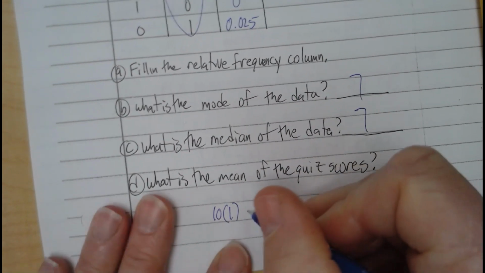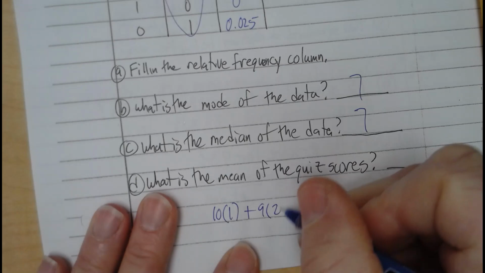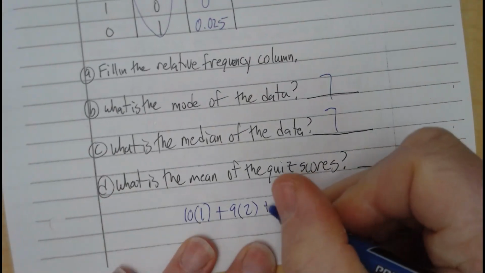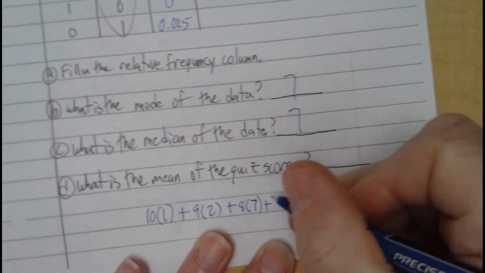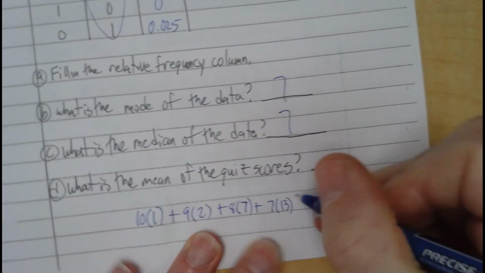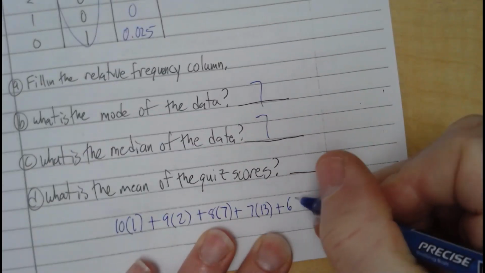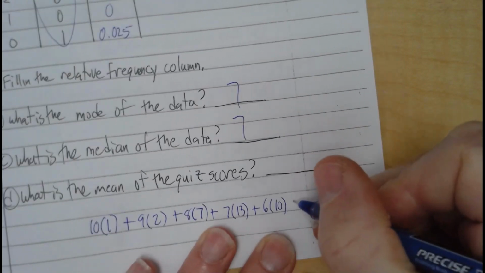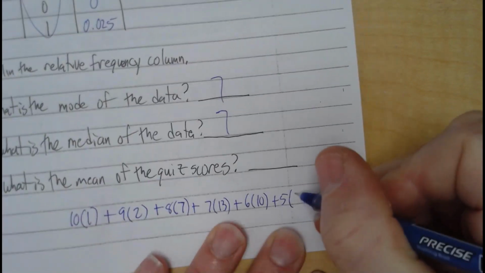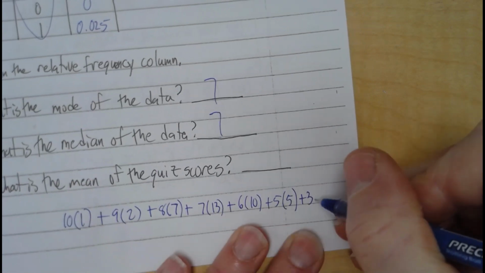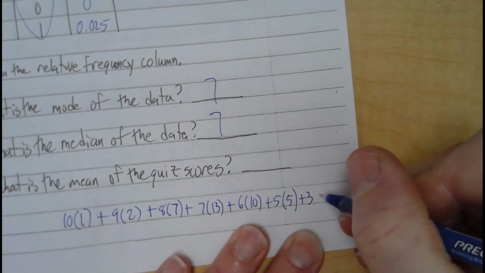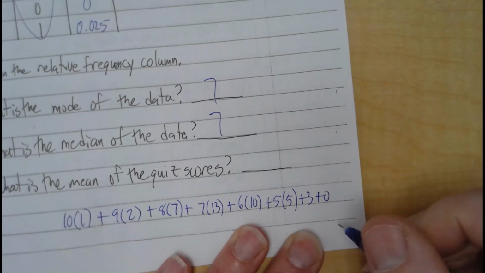So 10 happens once, 9 happens twice, 8 happens 7 times, 7 happens 13 times, and 6 happens 10 times. 5 happens 5 times. 4 doesn't happen. 3 happens once, so I can just put 3. And 0 happens once. So plus 0, but you really don't need that on there.